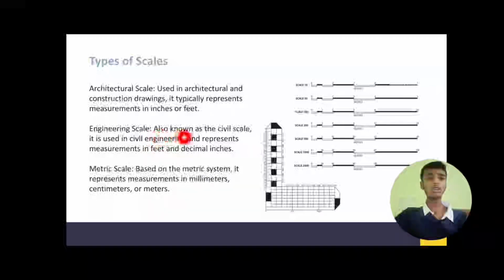It is also known as civil scale. It is used in civil engineering and represents the measurements in feet and decimal inches. Metric scale. Based on the metric system, it represents the measurement in millimeters, centimeters, or meters. You can see here the scales and the types of scale which are used.